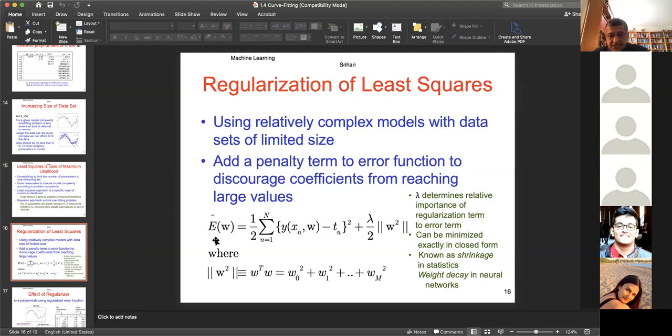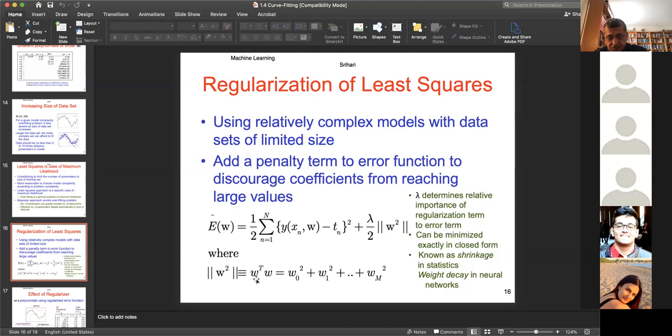So now let us explicitly state what's called the regularization of least squares. Instead of having the sum of squared errors, which is the y minus t squared over all the n samples, we add one more term, lambda by 2 times the squared Euclidean norm of w. This is the length of the vector. A precise definition is given here.